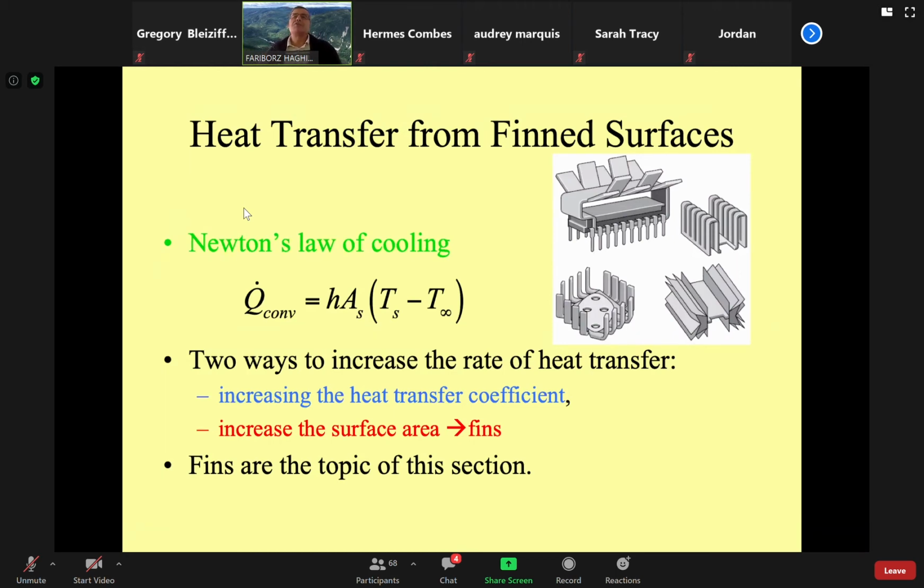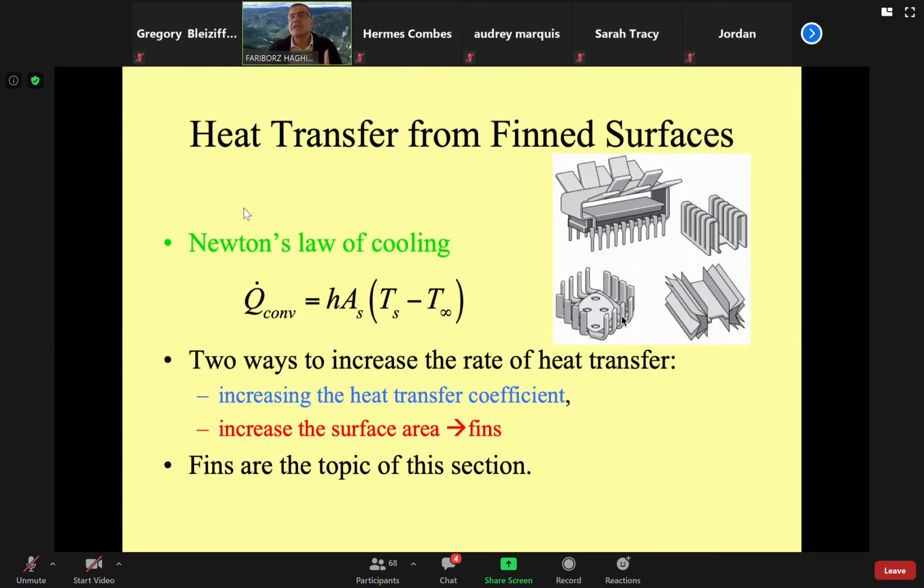Therefore, now we are trying to add surface area, not directly by increasing the size of the heat exchanger, but by adding fins. And you can see it here in the chip that you have in your computer, and in your car. Open the hood and look at the water part or radiator part, and also around it, the fins. This is how we are going to solve this one.